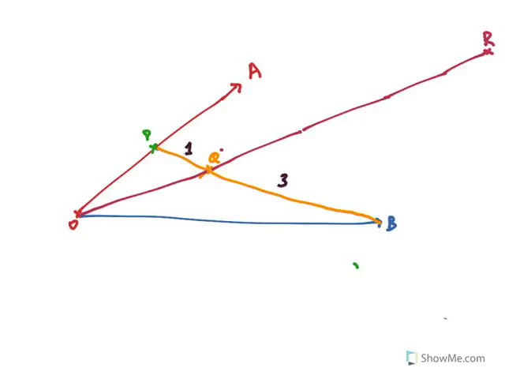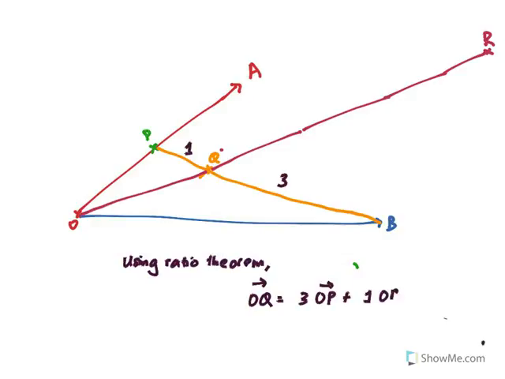So using the ratio theorem, we can try to find OQ. OQ equals (3 OP + 1 OB) over 3 plus 1, which is 4.